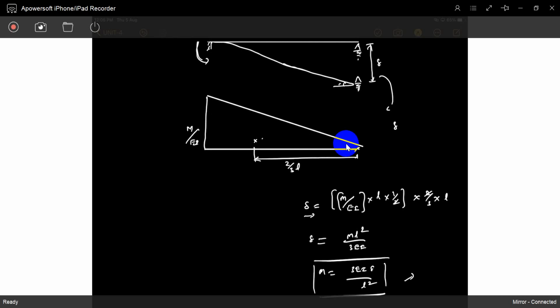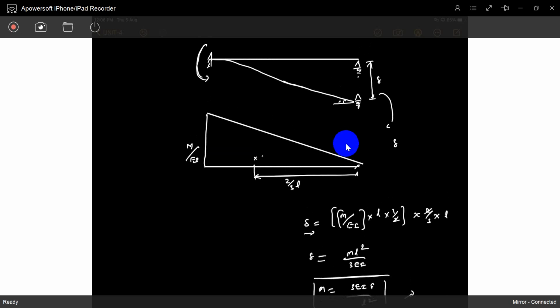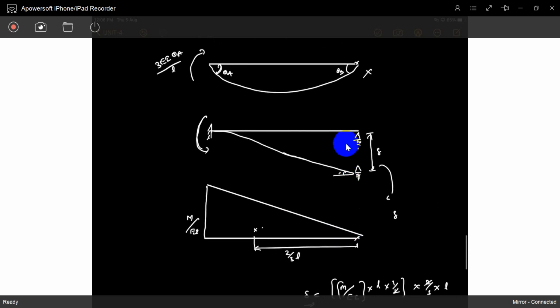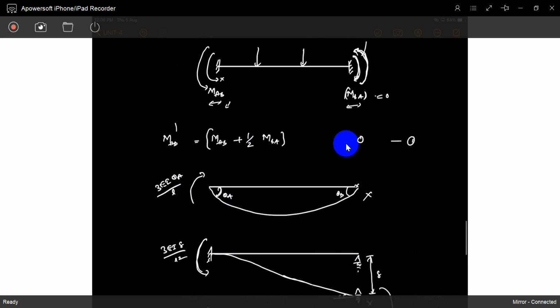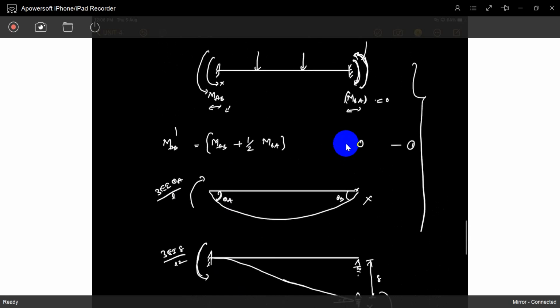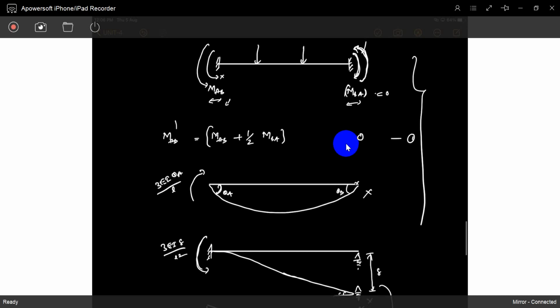We already derived this. Otherwise, if you forget it, just see it. If one support is a hinge and the other is fixed, the moment is 3EI delta by L square. There is no moment generated at the other end because it's a hinge support. So now we can sum this. We take one end fixed and the other a hinge.